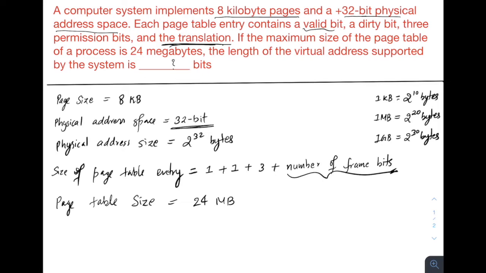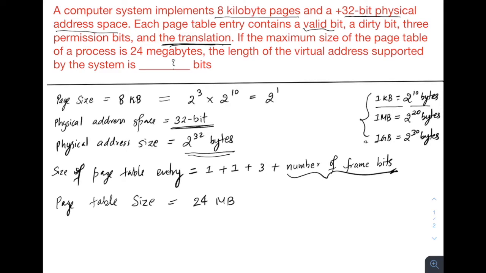Now one thing we will do initially is convert all these numbers into bytes, so kilobytes, megabytes, everything into bytes. We'll also convert them in the form of 2 power something. So 8 KB is basically 2 power 3 into 1 KB, and 1 KB is 2 power 10 bytes. This will not all be given in the question, so you remember this.